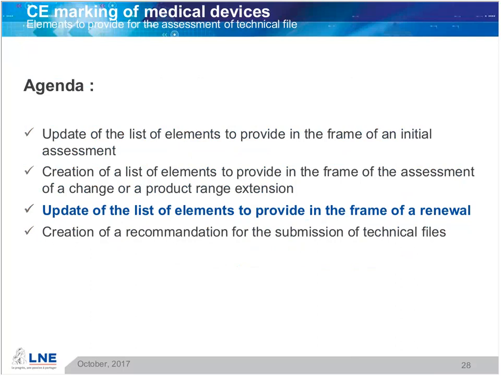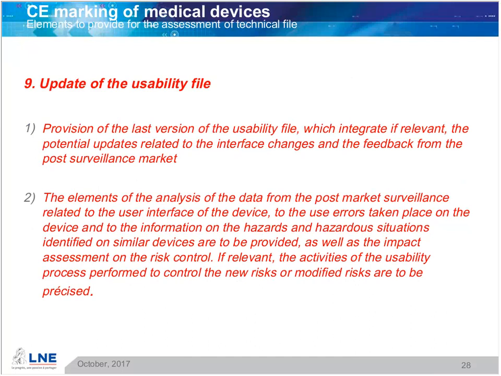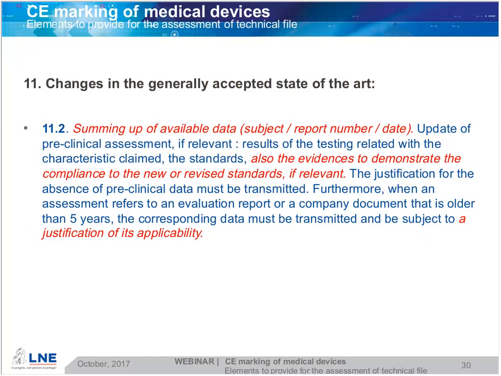Let's go now to the updated list of elements to provide in the frame of a renewal. Update of the usability file. Section 11, which is about the changes in the state of the art. This item has been updated in the following way.